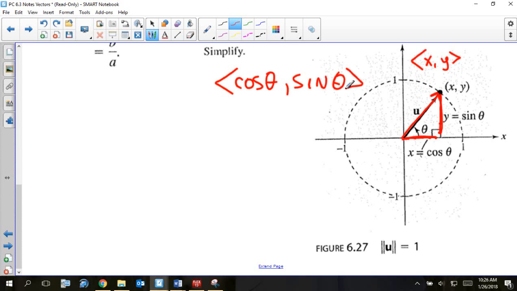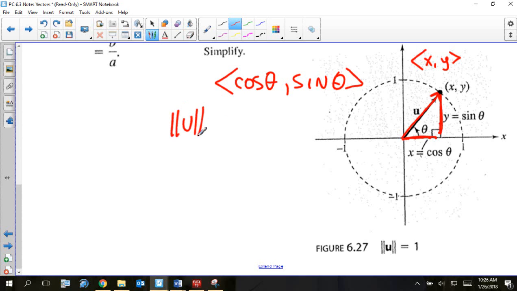Did I lose anybody? Isn't that a lot? Yeah, well. What's the length of that? How do you know? Because it's a unit circle.